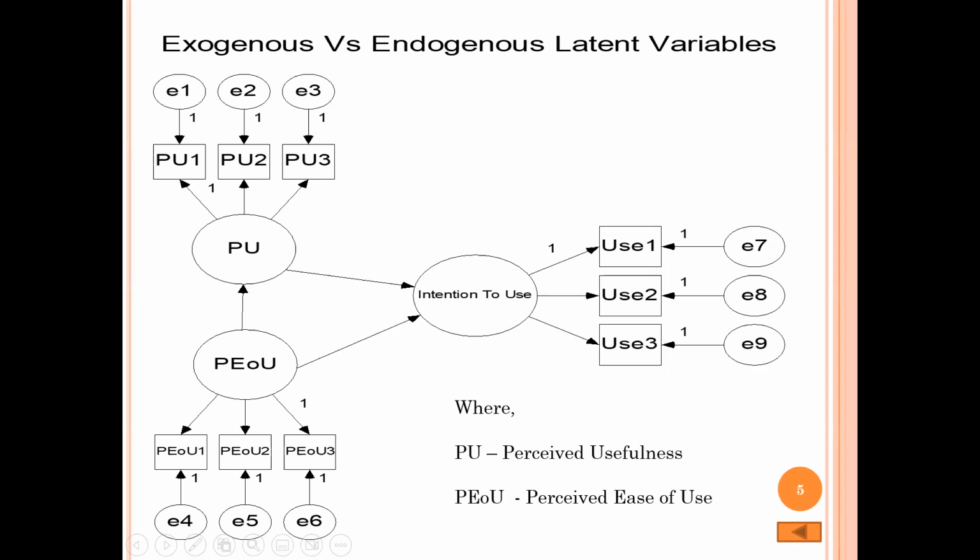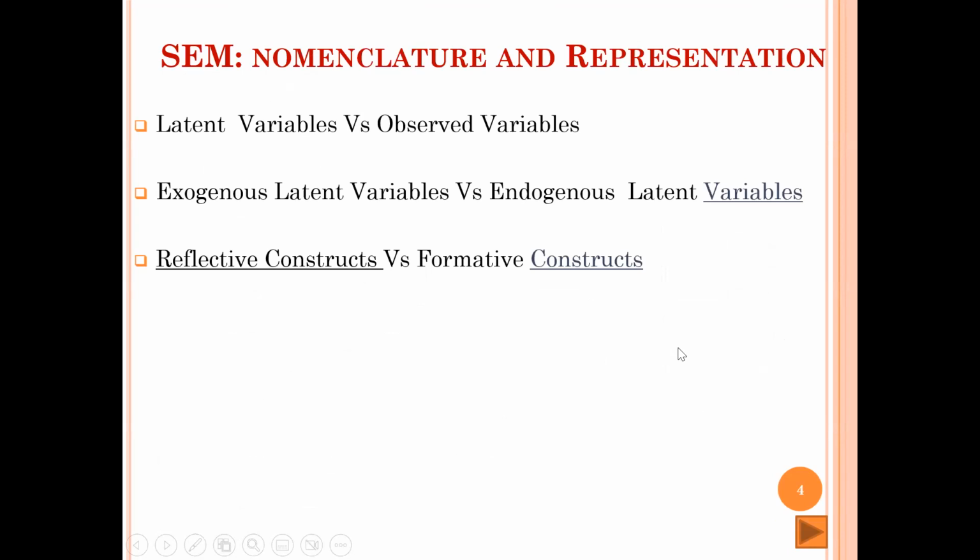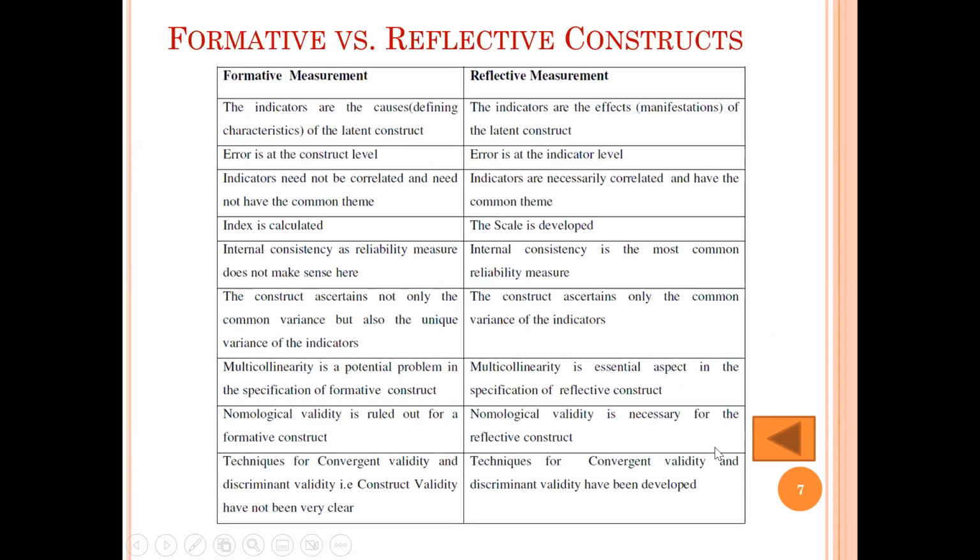A formative construct is when the arrow is in the opposite direction, that is PU1, PU2 and PU3 forming PU. So that is the difference between reflective and formative constructs. In formative, the indicators are causes of the latent construct, and in reflective, the indicators are effects or manifestations of the latent construct.